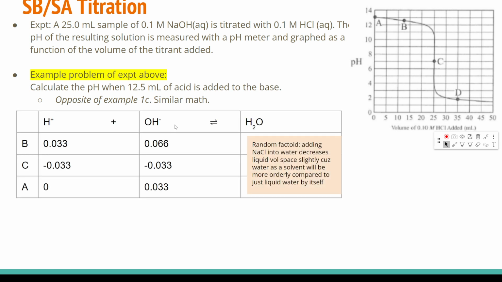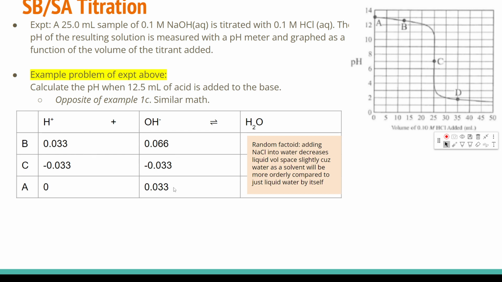But again, similar math where I calculate the moles of the H plus, the moles of the OH minus, the new volume, then the new concentrations, or the before concentrations of those guys. Then we see what neutralizes, so we're going to use up all the H plus.